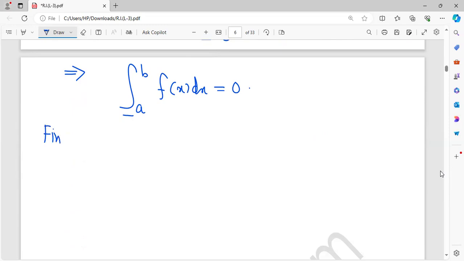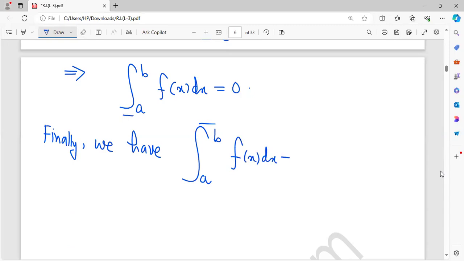So finally, we have the upper Riemann integral from a to b equal to 1 and the lower Riemann integral from a to b equal to 0.